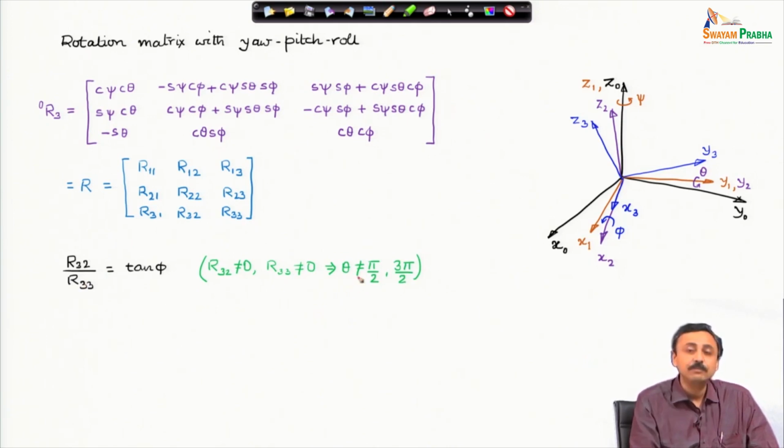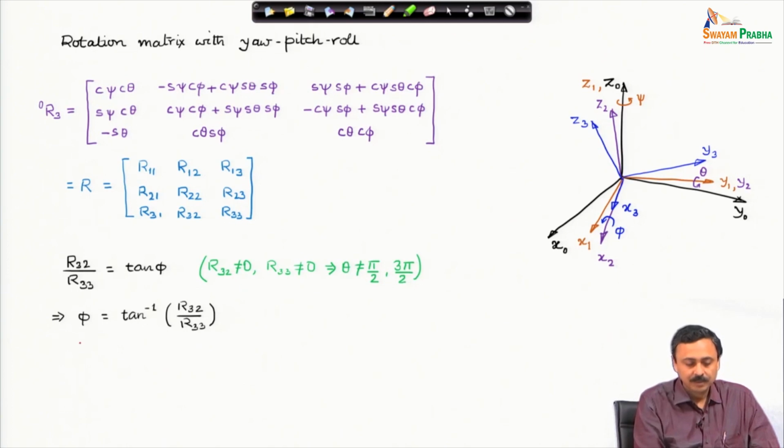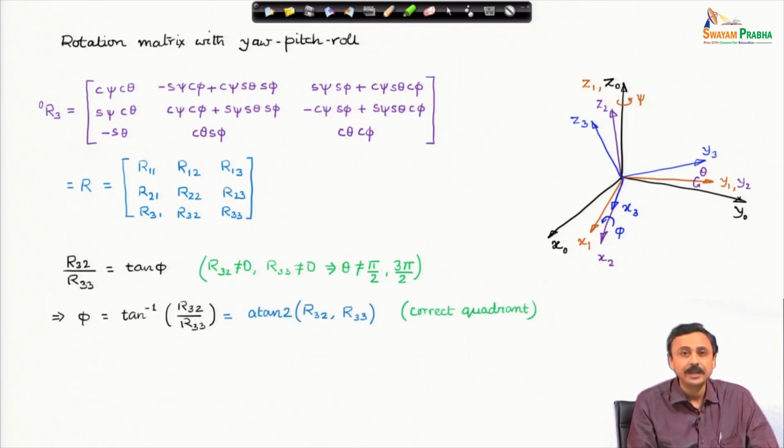If any one of them is 0, I will know the value of theta, either pi by 2 or 3 pi by 2. Phi therefore can be solved as tan inverse of this, and in most programming languages and most software you have this function called A tan 2, which you should always use to get the correct quadrant.